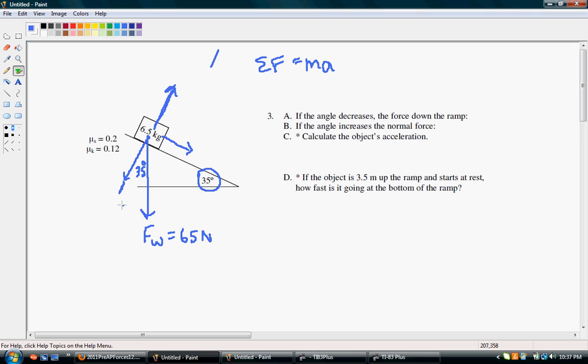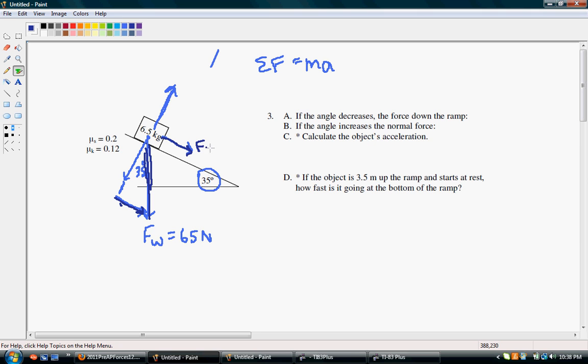Now if we solve for the opposite of this 35 degrees, we're solving for this side. Notice that this force vector is equal in magnitude and direction to this force vector. So if we can solve for this, we can solve for the force down the ramp. Notice that our hypotenuse for this triangle is our 65 Newton force of weight.